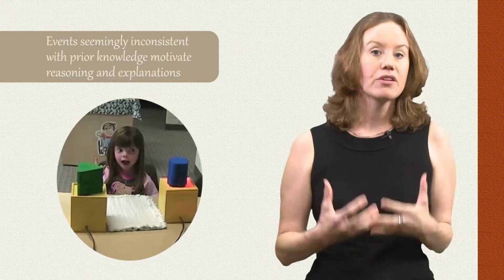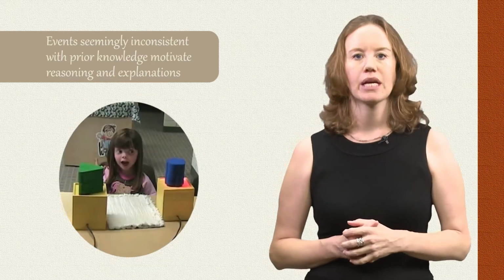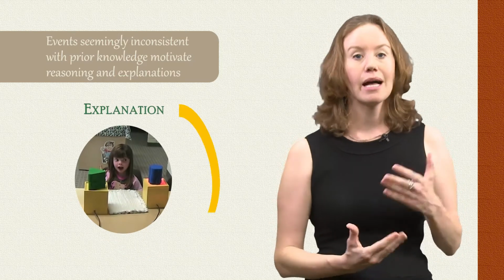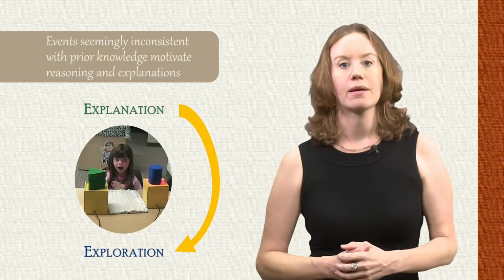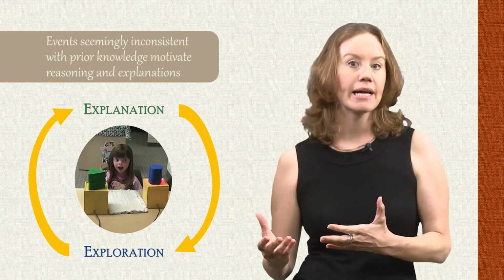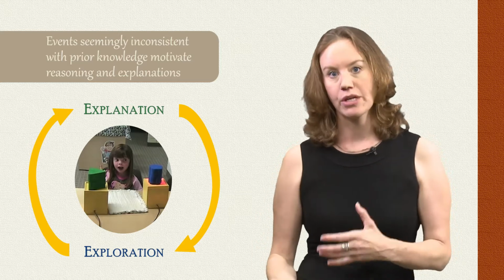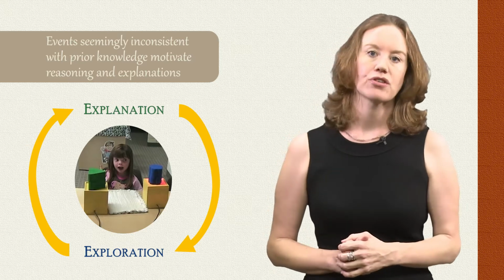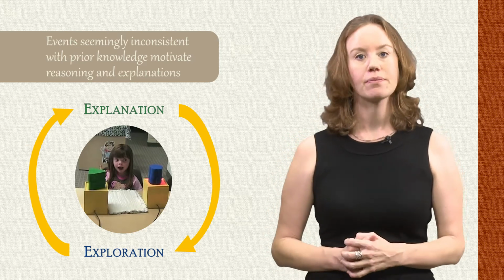Inconsistent outcomes pique children's curiosity, motivate children to generate explanations, which subsequently guide their exploration and hypothesis testing behavior. This generates new information, which feeds back into the kinds of explanations that they generate and the process by which they revise their explanations in response to inconsistent or new information.